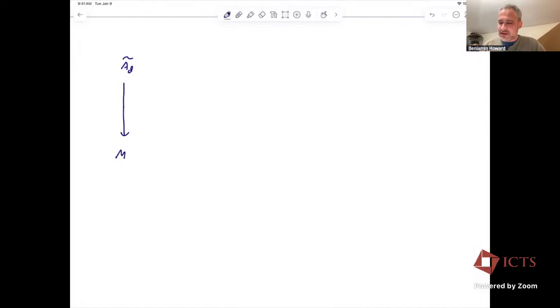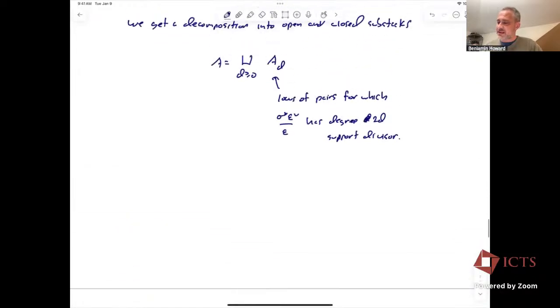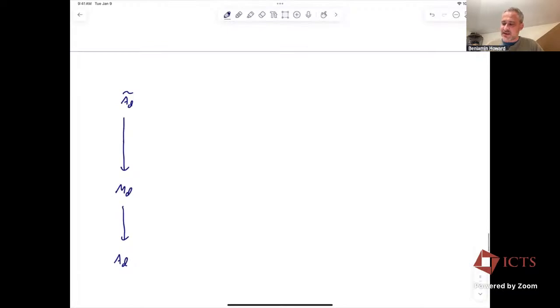Now I'm going to fix one of these ADs appearing in this decomposition and just work on that. And so in the Hitchin space M, I take the pre-image of AD and call that MD. So we still have a Hitchin map. And now I'm going to construct an AD tilde above that.